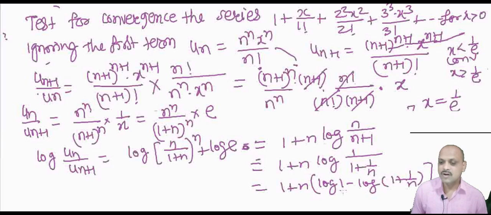Log of 1 equal to 0. This is equal to 1 minus n into log of (1 plus 1 by n). Now using the logarithmic series, let us take the limit of this term.